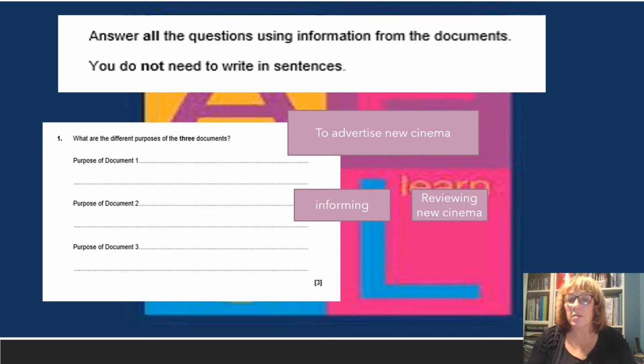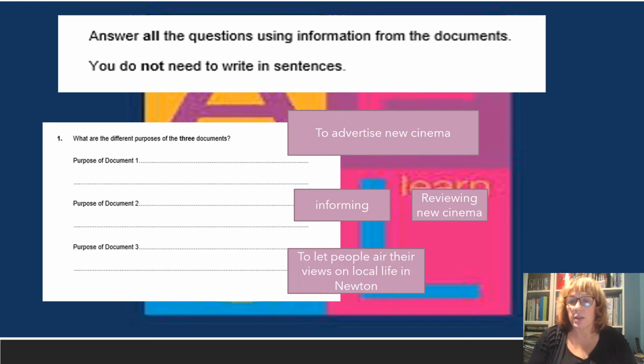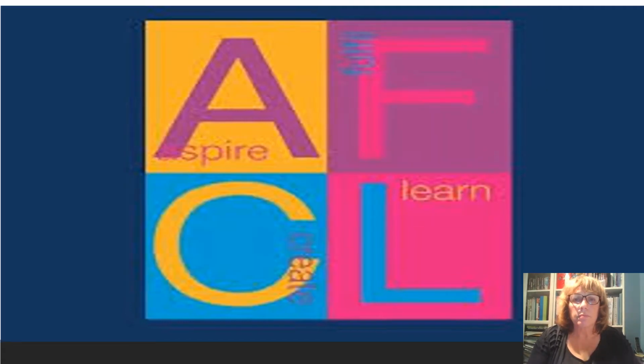But you might also say it's reviewing a new cinema, and either of those answers would have gained you a point. And document 3 is to let people air their views on local life in Newton. And because there's no restrictions on the way you do actually answer, any valid answer is acceptable, so any way in which you'd written that information would have gained you that point.